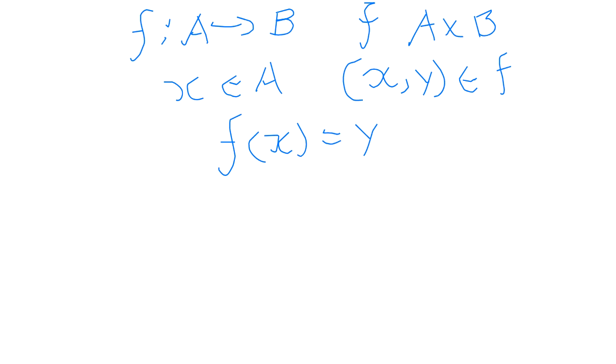You're going to need this proper definition when you're doing the proofs. So you have to know exactly what the function is. All right. Sometimes you'll also see, write this as well. Sometimes the set f is called the graph of the function.